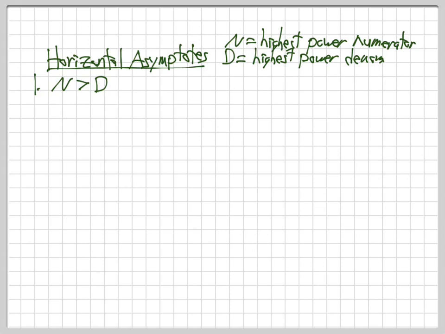right, numerator higher, then that means it does not level off. If the numerator is bigger power, it does not level off.